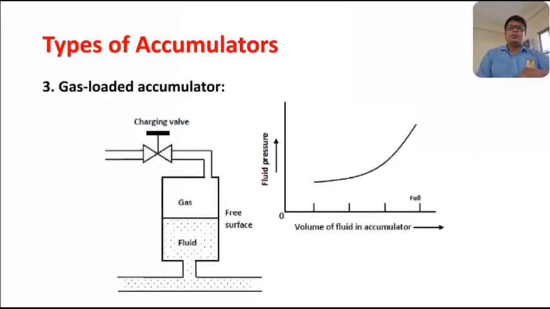The third type of accumulator is the gas loaded accumulator. You can see the schematic diagram of the accumulator in the figure and a graph of fluid pressure versus volume of the fluid. A gas loaded accumulator is popularly used in industry, and here the force is applied on the oil by using compressed air.